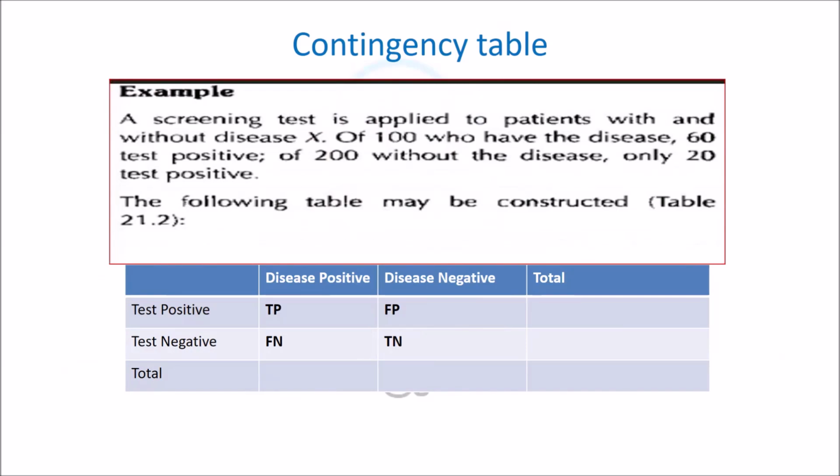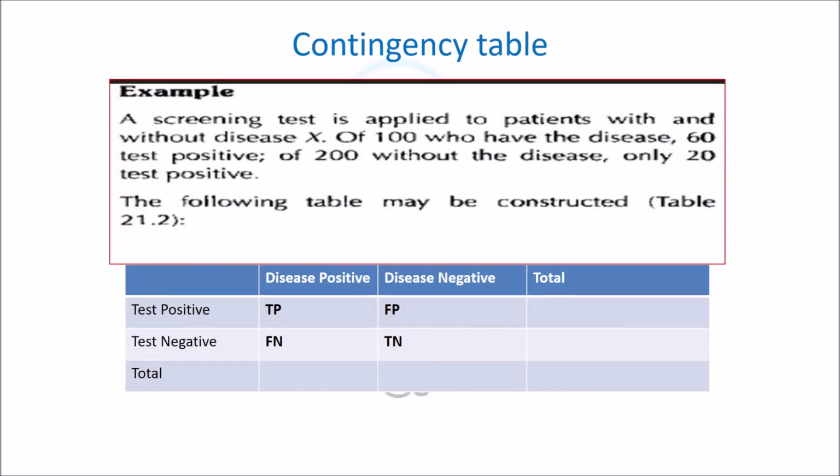So you are seeing that a screening test is applied, that means we are testing by any test, patients with and without the disease, the name of which is X. From there, 100 have the disease.